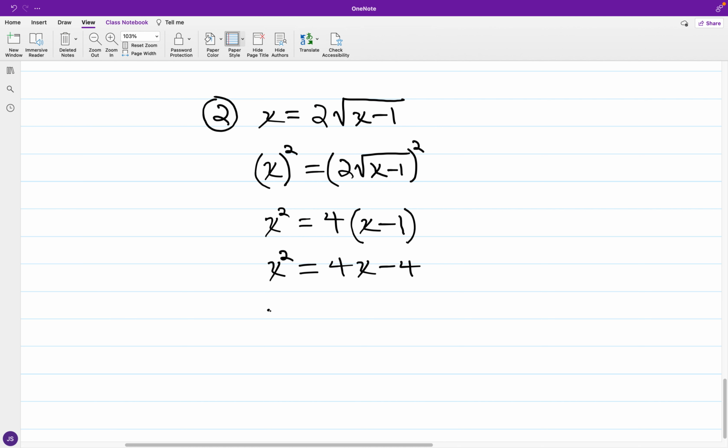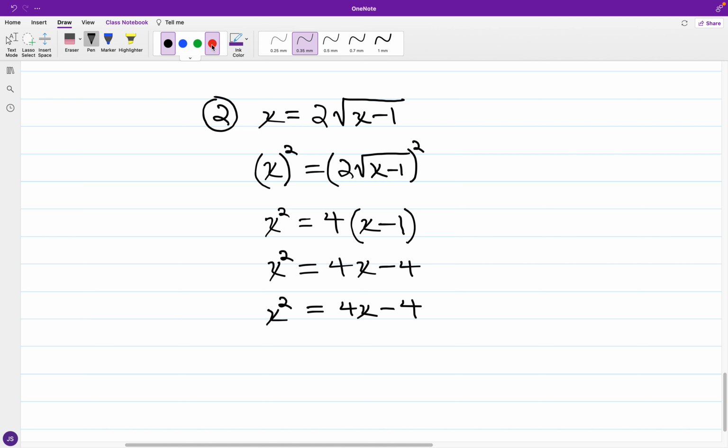And here we have a quadratic equation. Again, I arrange the terms so that I have the quadratic equation in standard form. I got x squared on the left, and I can move the 4x and the 4 by respectively subtracting and adding.